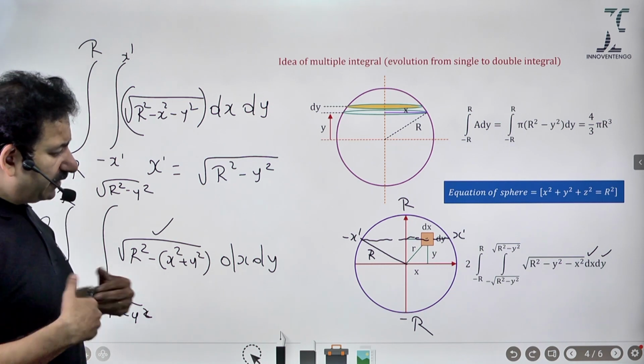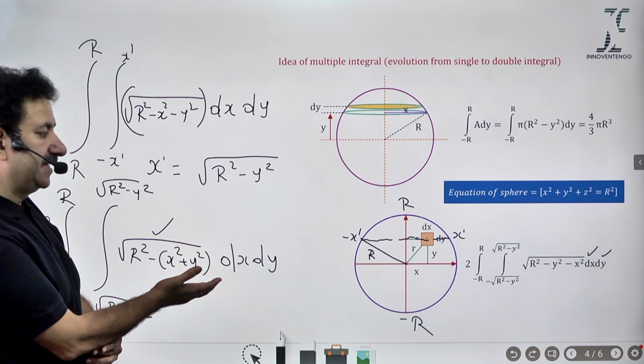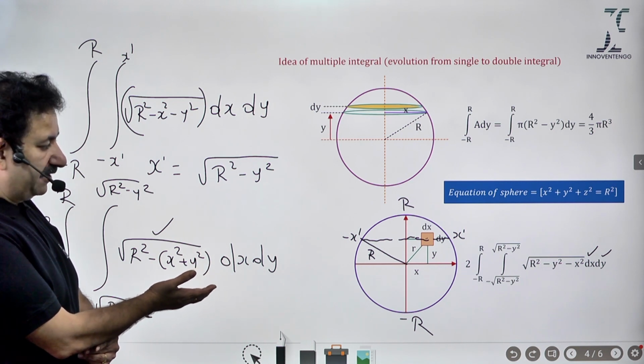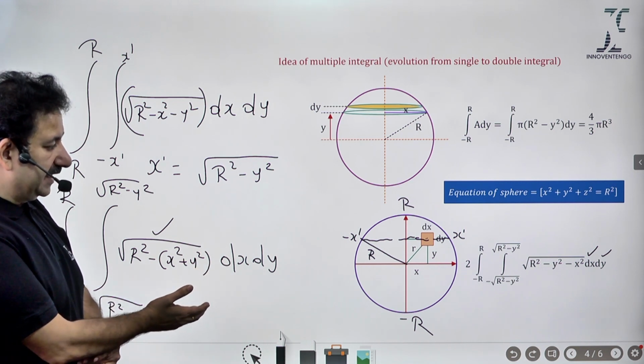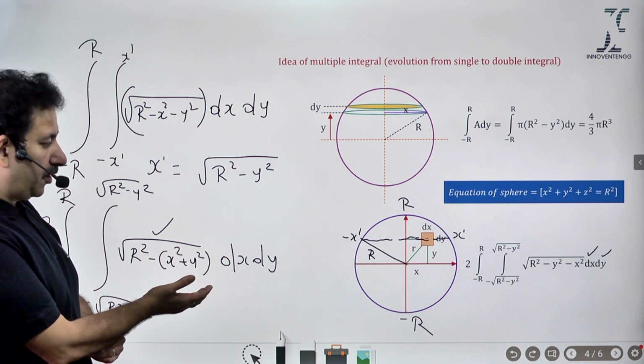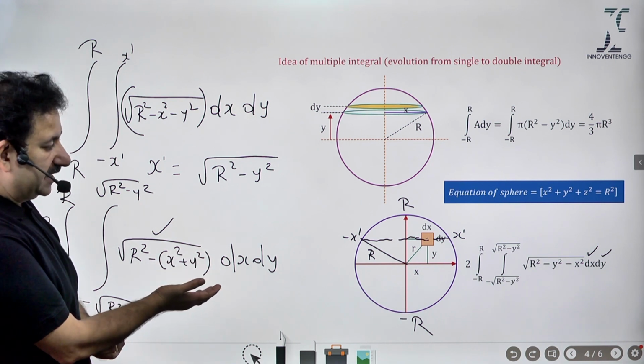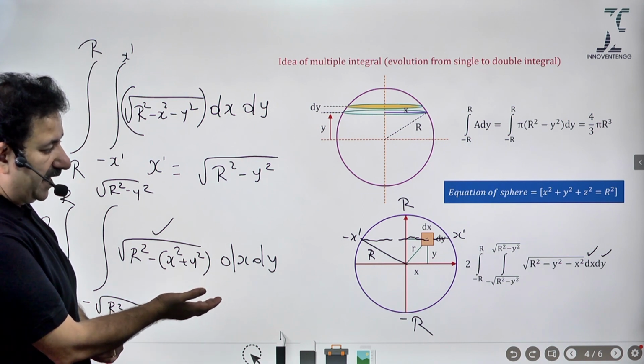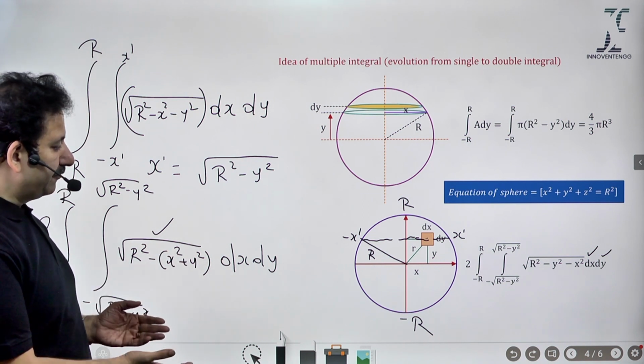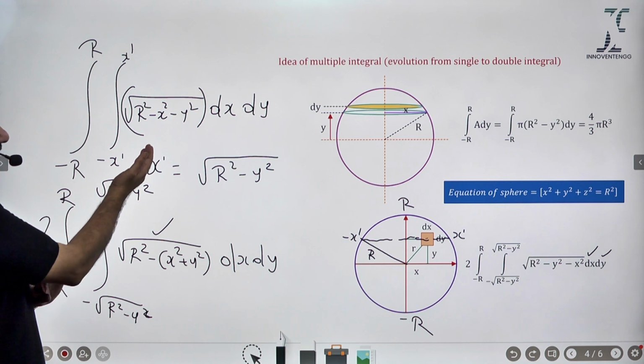So once again, please visualize how exactly the volume is getting formed, and then appreciate the limits of x, and also the limits of y, and therefore now you understand this particular integral very well.